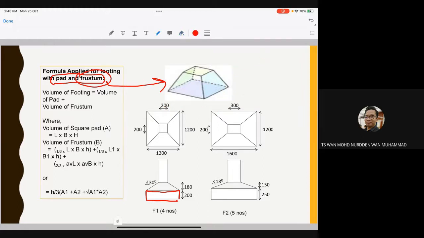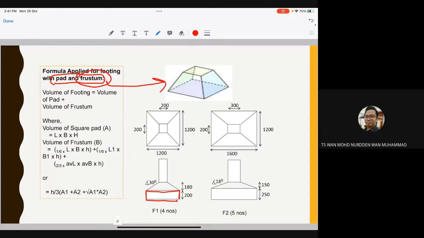Volume of square pad A. Okay, length times breadth times height. Okay, and volume of frustum B, 1/6 square pad ni yang bawah lah kan, yang ni. Okay, yang bawah, yang biasa yang bawah ni. Okay. Volume of frustum, which is the B lah.